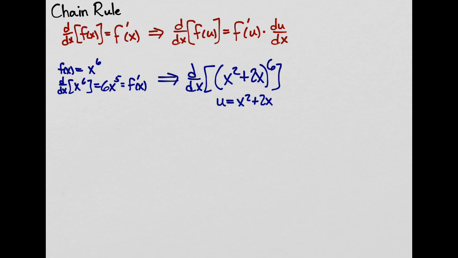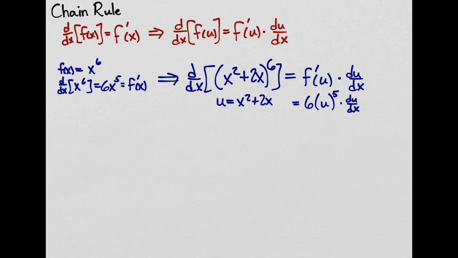And so I'm taking a derivative of f of u. So when I take my derivative, it's going to be f prime of u times du dx, where my f prime is the 6u to the fifth power times the derivative.